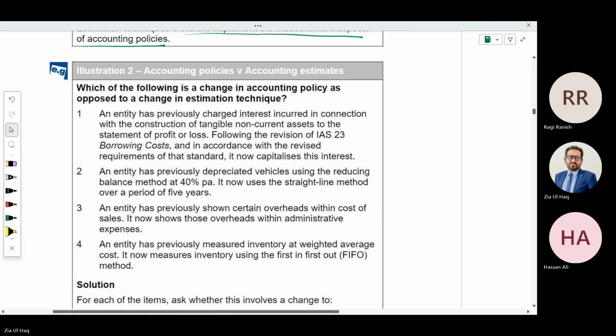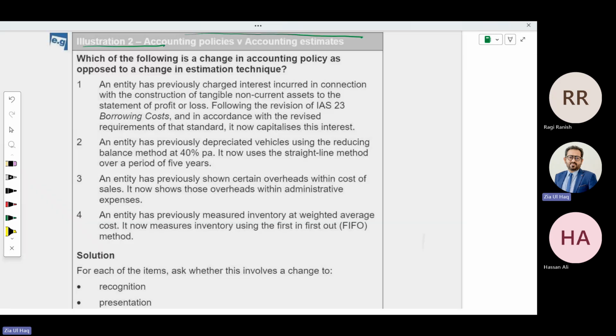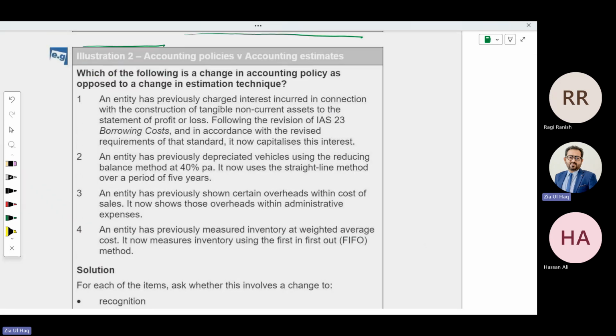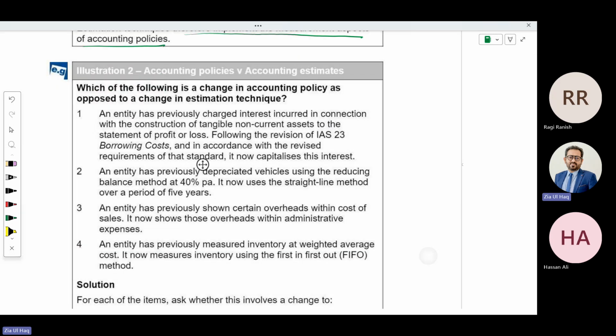Illustration 2. For each of the items, ask whether this involves a change to policy or a change to estimate. Good luck, everybody. 1, 2, 3, 4. You need to identify which one is a policy change and which one is an estimation change.